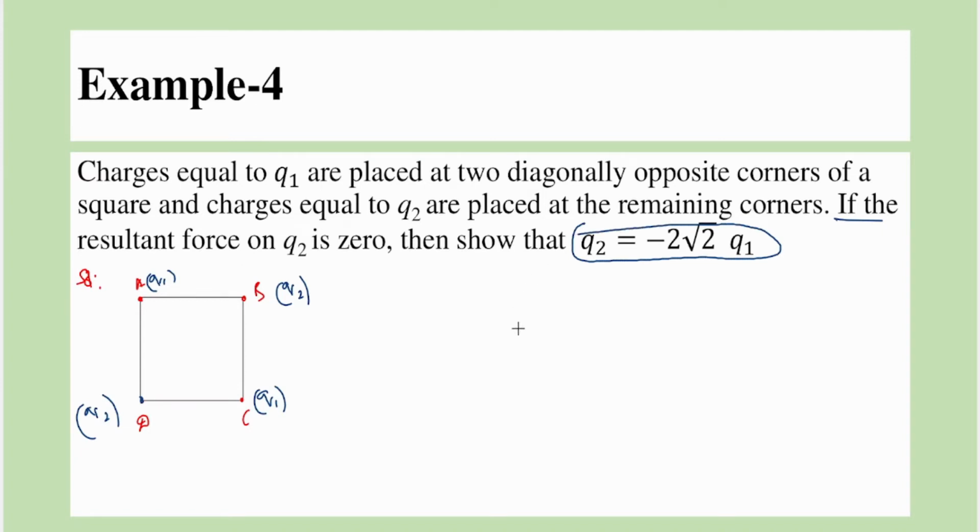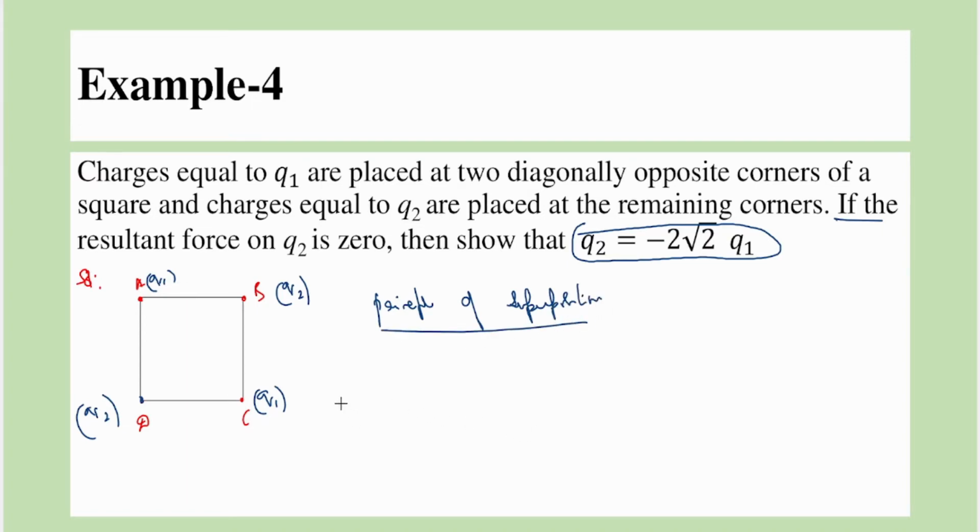Again, we use the same principle as the previous numericals. If we consider the charge kept at point D, then charges kept at point A, point B and point C will exert a force on the charge kept at point D. So we'll have three forces and we will add the forces using the principle of superposition of force or vector.